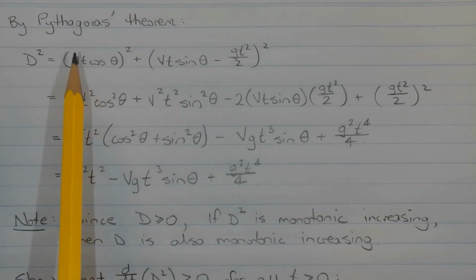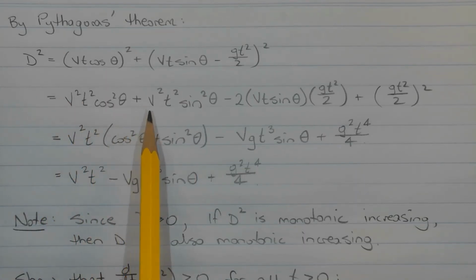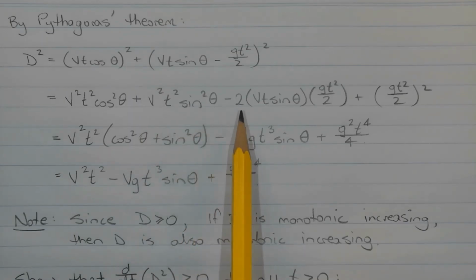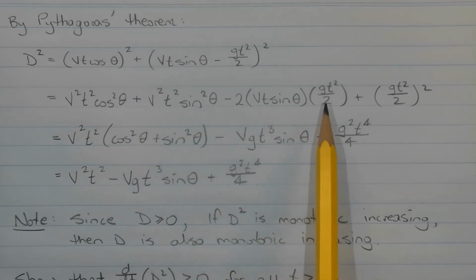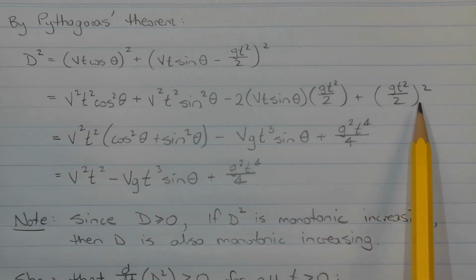Applying perfect square expansion to both of the terms in brackets there, we get d squared is equal to v squared t squared cos squared theta plus v squared t squared sin squared theta minus 2 times vt sin theta times gt squared over 2 plus (gt squared over 2) squared.